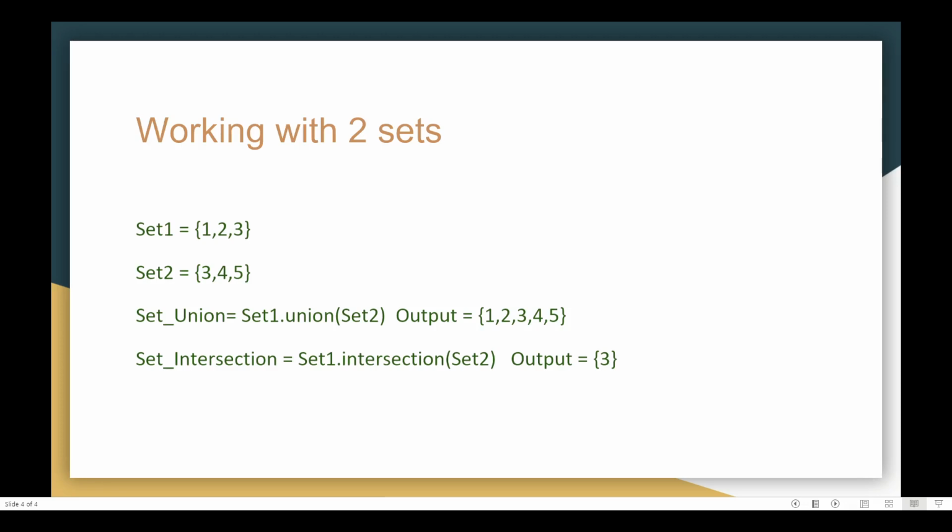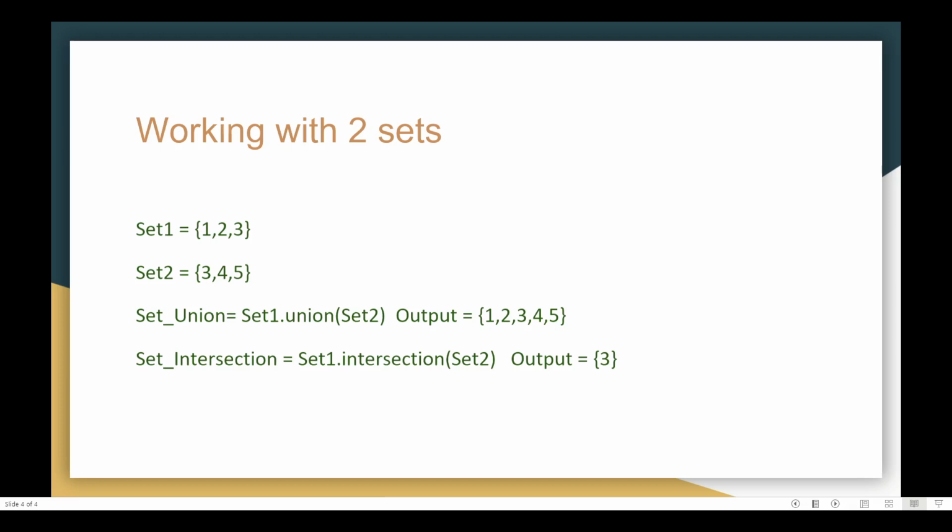Now what can we do by working with two sets? Here we have created two sets, set1 equals 1 2 3 and set2 equals 3 4 5. We can perform union and intersection with them. For set_union we have created another variable equals set1.union, and inside that we have put in set2.